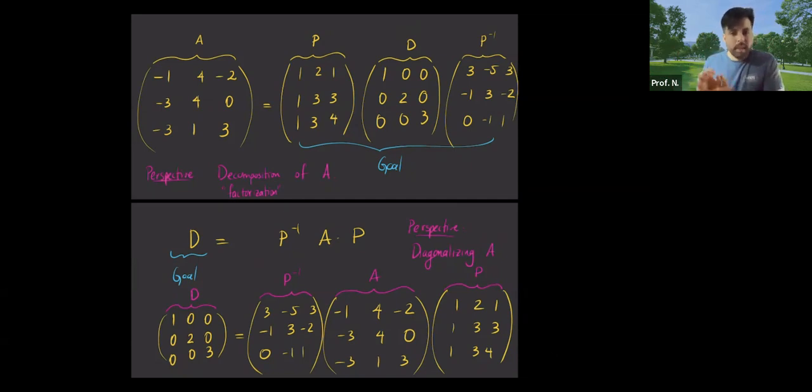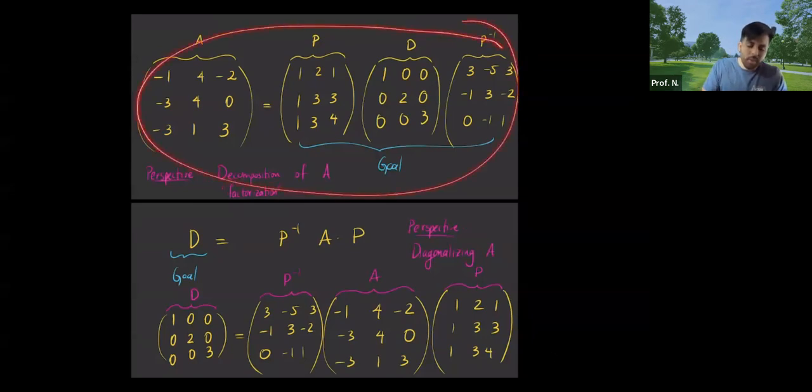Another way to talk about diagonalizability of a matrix is saying, hey, if I have a matrix A, then can I find two matrices such that when I multiply them together with A, I get a diagonal matrix? It sounds like I'm saying two completely different things, but it's really the same. The idea of diagonalizability is the same if I view it this way or if I view it this way.